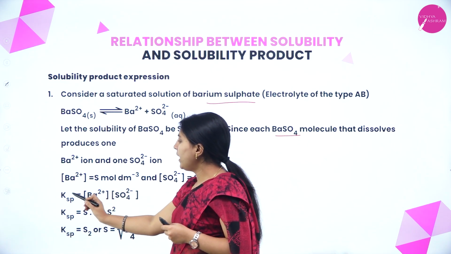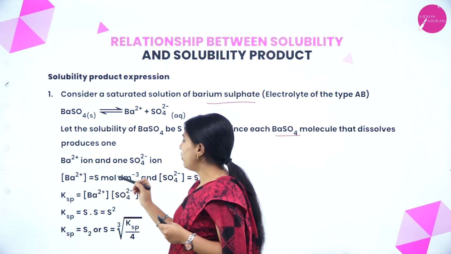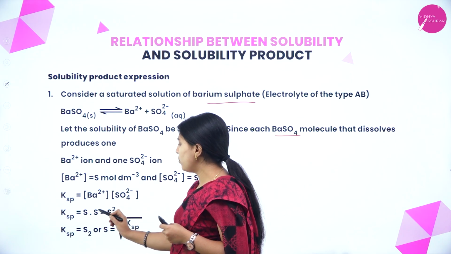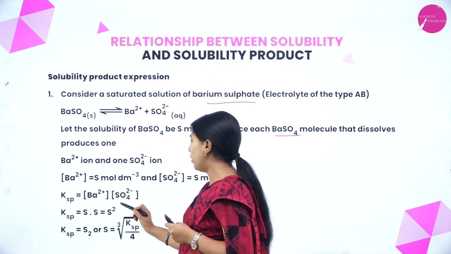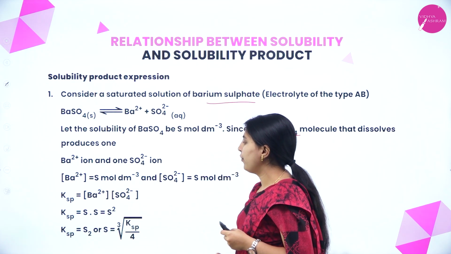Obviously Ksp, that is the solubility product, will be the concentration of barium 2 plus into the concentration of sulfate. So S into S will be S square. Ksp will be equal to S square, or S will be equal to the square root of Ksp.